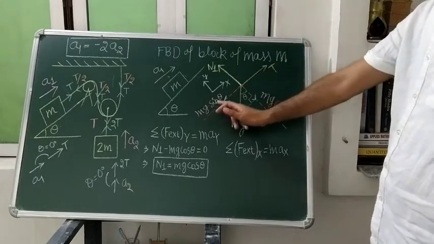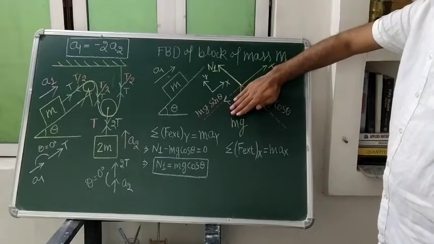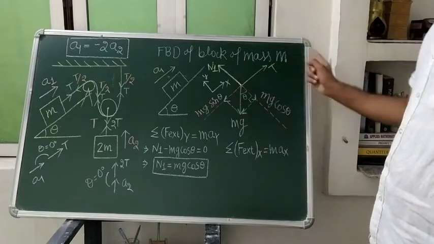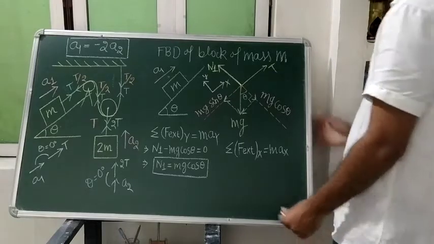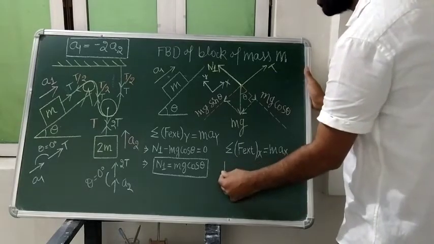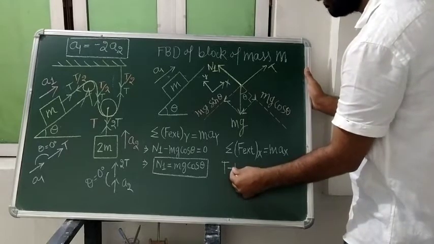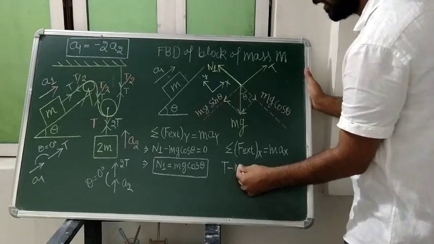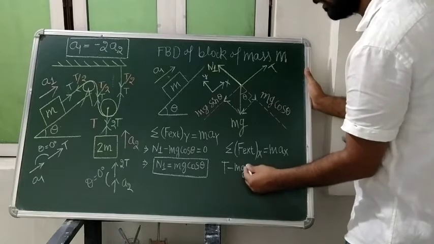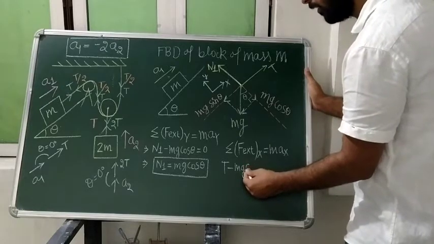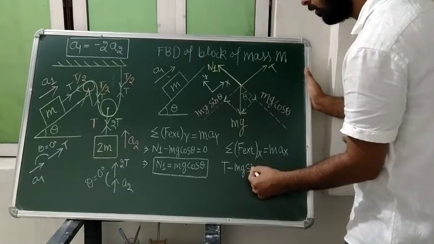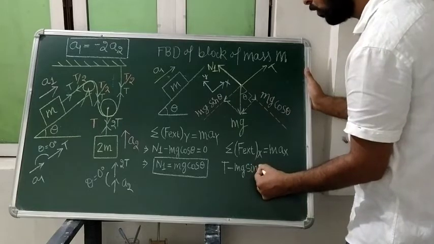That is mg sin theta, and tension T is acting. And this side you have considered positive, so of course T will be positive and mg sin theta will be negative. So T minus mg sin theta should be equal to what, student?